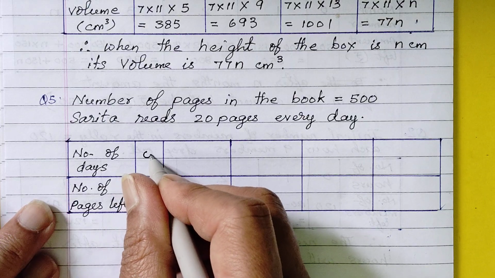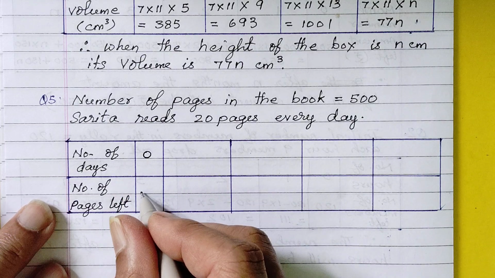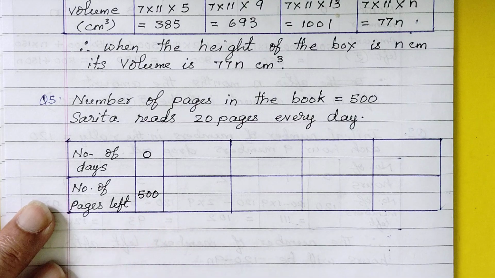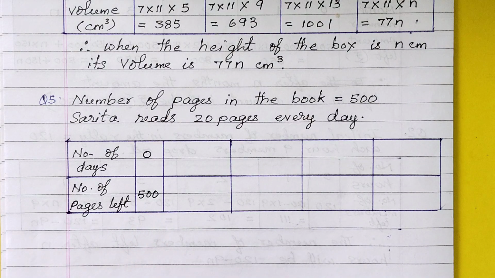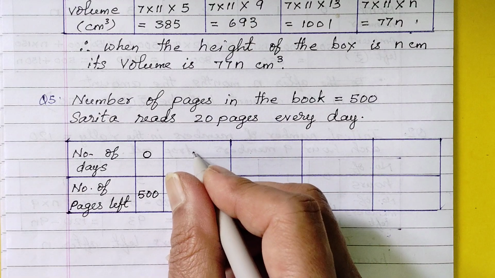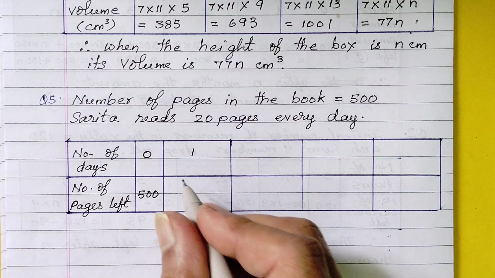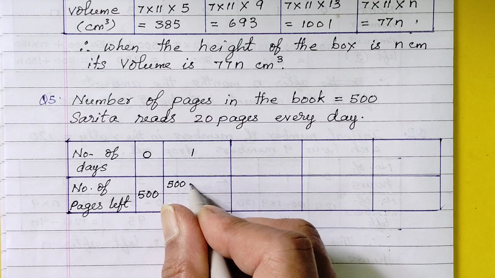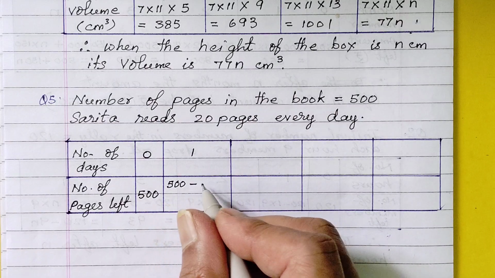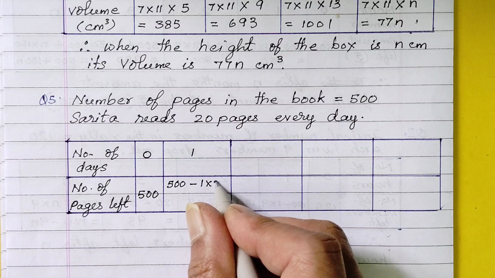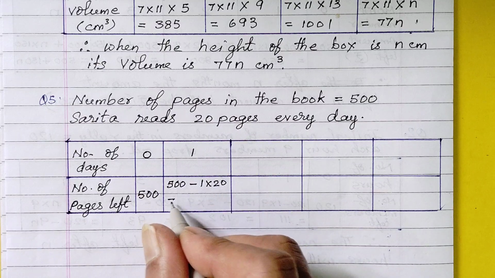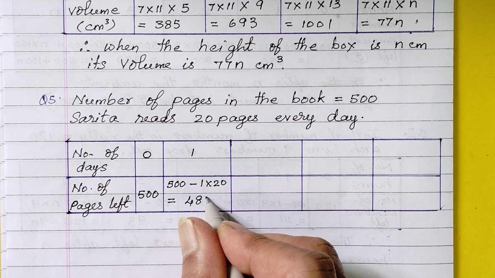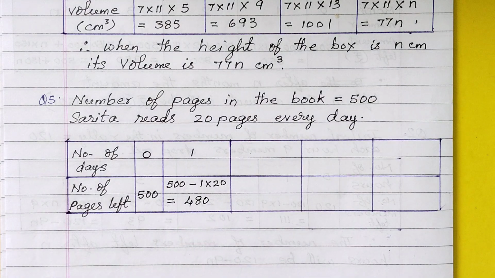So initially there are 500 pages. After the first day, how many pages will be left? 500 minus 1 into 20, that's equal to 480 pages will be left after the first day.